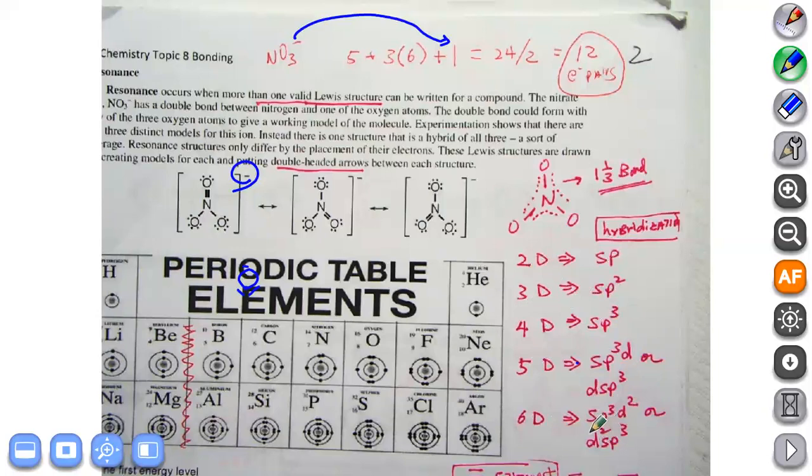Again, I will touch upon this a little bit more in a few minutes. So for this, nitrogen has 3 domains around the central atom. It has no lone pair. In terms of hybridization, it would be sp2. 3 domains, sp2. And that's how everything is connected. Again, we're talking about around the central atom, in this case, nitrogen.